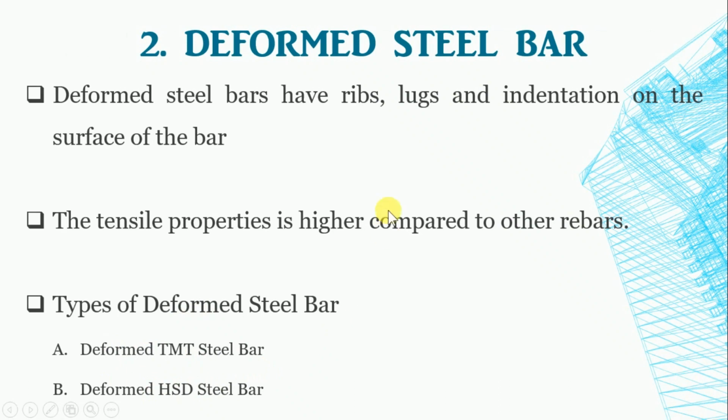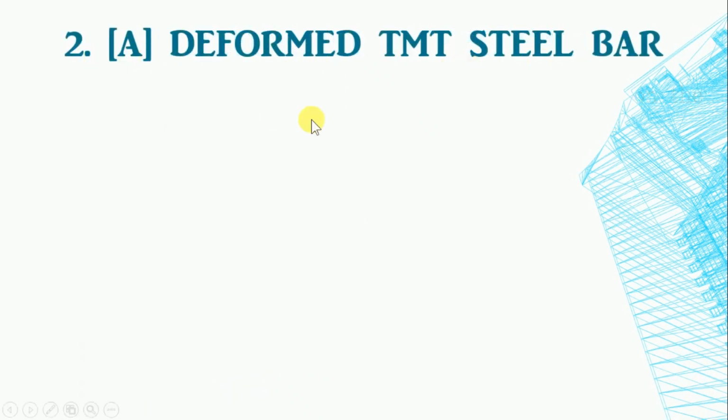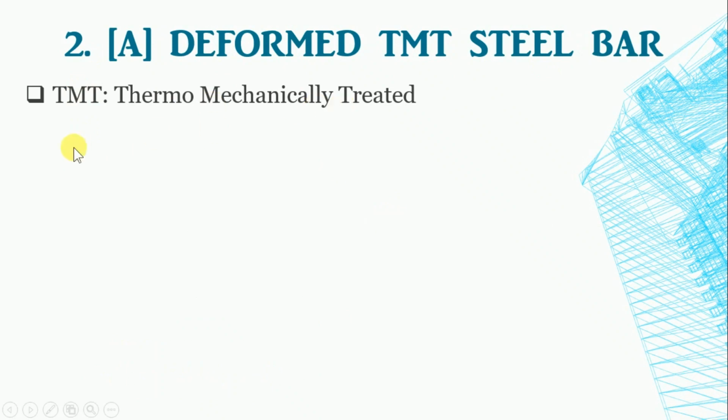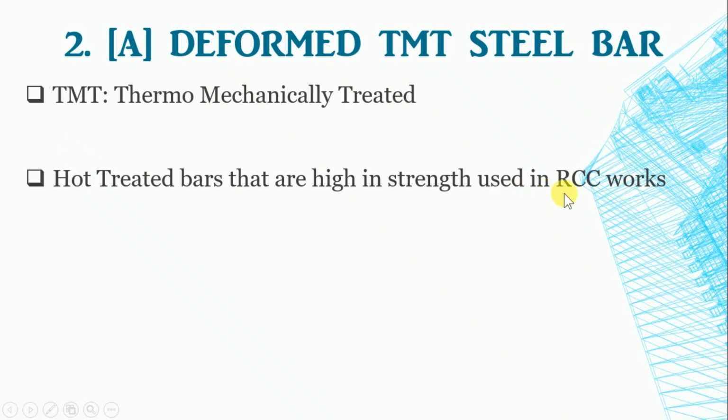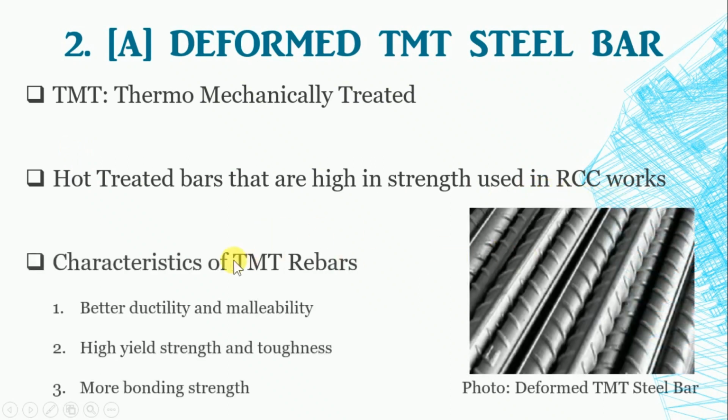Deformed TMT steel bar. TMT stands for thermomechanically treated. These are hot treated bars that have high strength and are used in reinforced concrete structures. They lead over MS steel bar with superior properties such as strength, ductility, welding ability, bending ability, and high quality standards at international level.